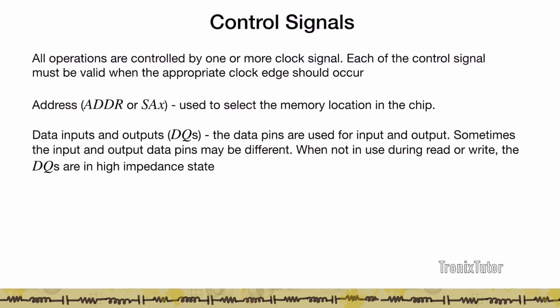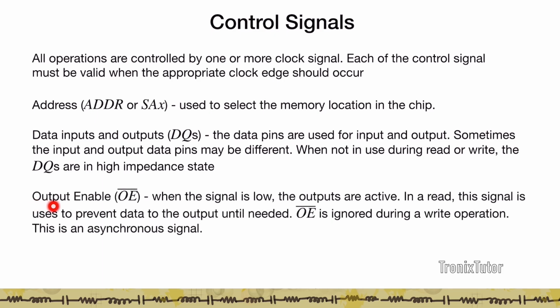Normally, in good designs, when not in use, that is when there is no read or write being performed on the memory, you'd see that these data output pins are typically in a high impedance state, and that allows you to multiplex different memories together. We have what is known as an output enable signal, and this signal is to tell the user when the outputs are active.